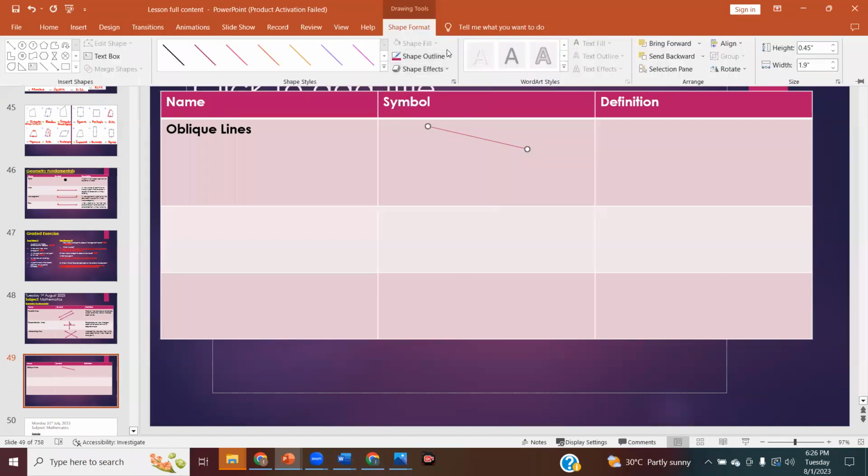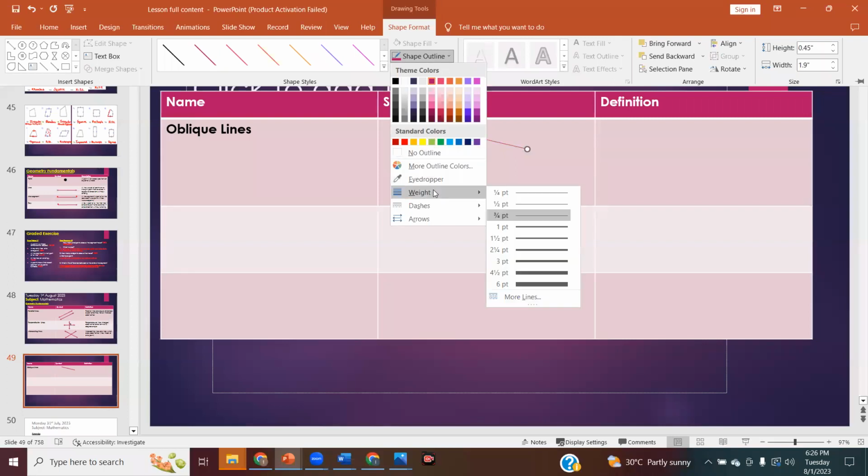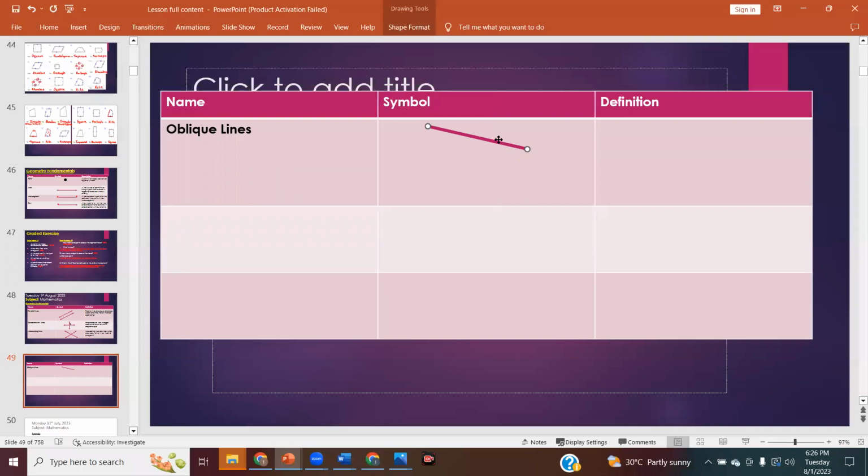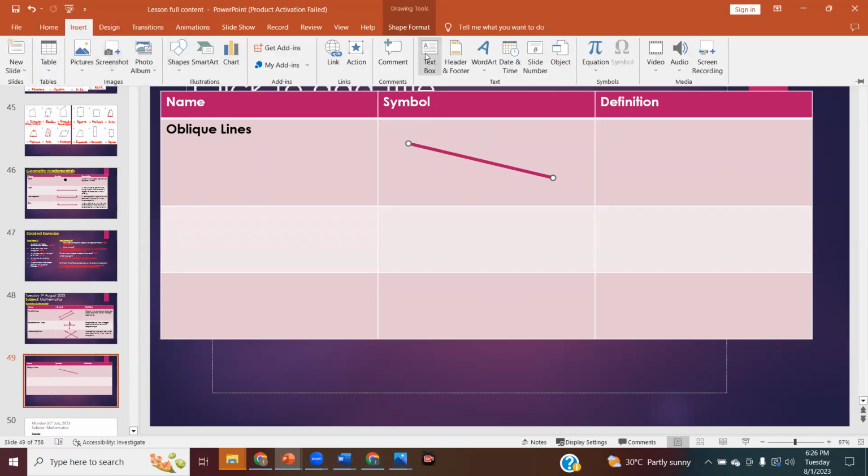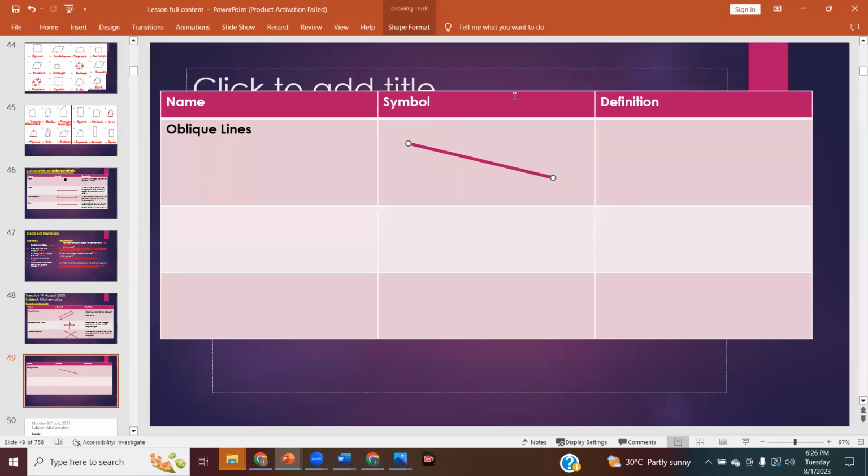Once it's not vertical or horizontal, we call it oblique. So we can say that this is an oblique line. And let's say that this is capital A. Let's say it's the line, line AB.